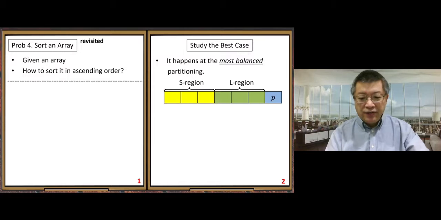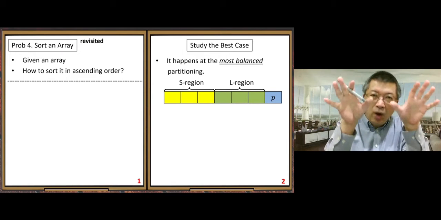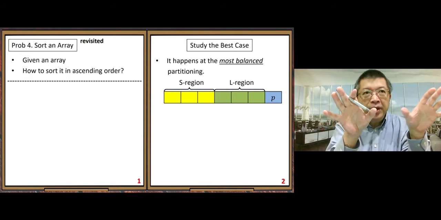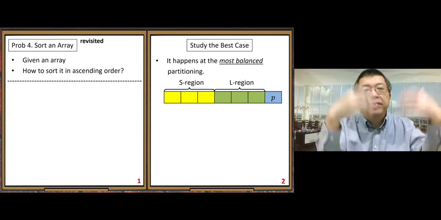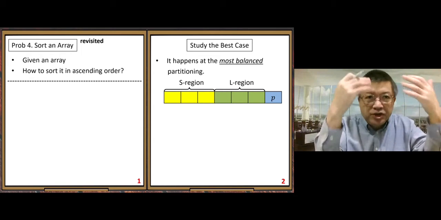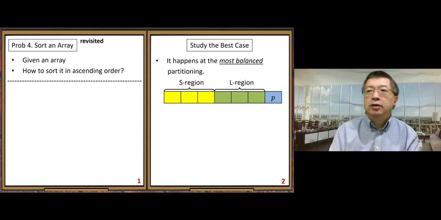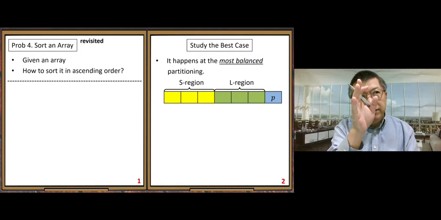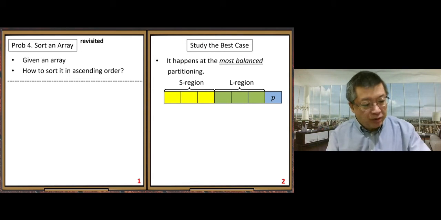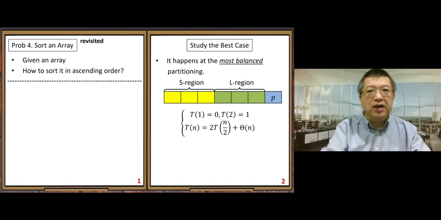So this time we can assume the best case: after one partitioning, we get two subarrays with approximately the same size, approximately 1/2 of the total number of elements. From that assumption, we can write the recurrence relation easily.